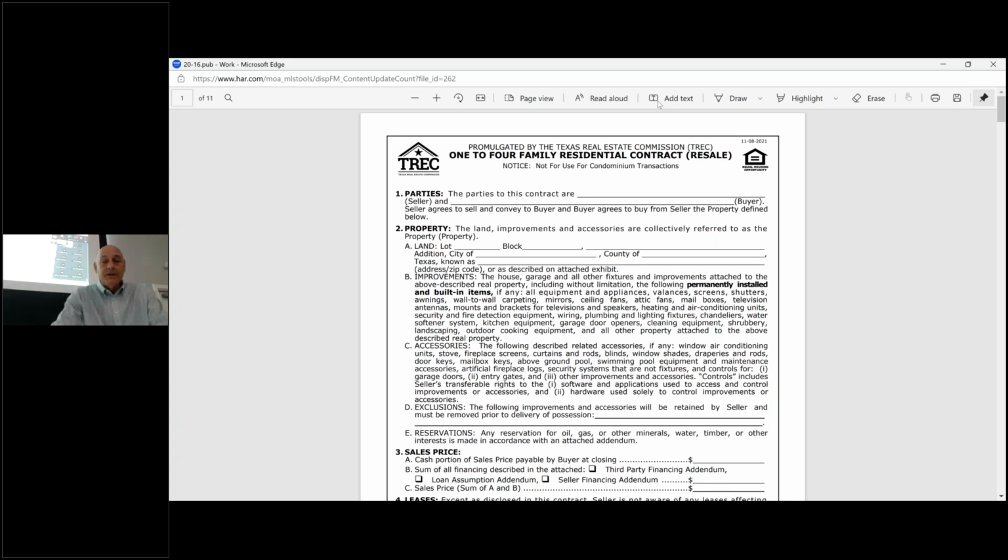What are the improvements? It's the house, the garage, now we know that. An improvement is basically, think about the raw land and anything that's been done to develop it, to improve the land.